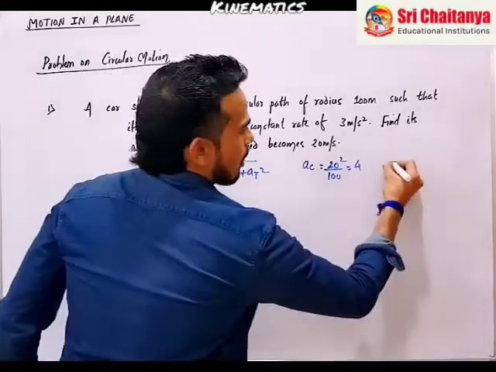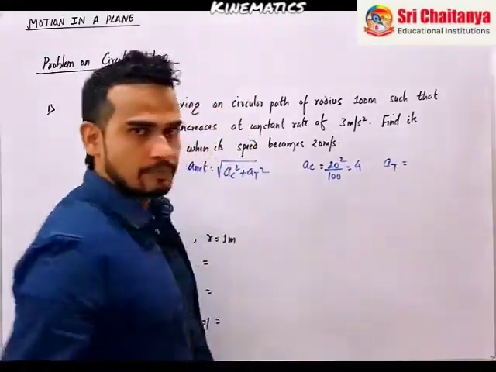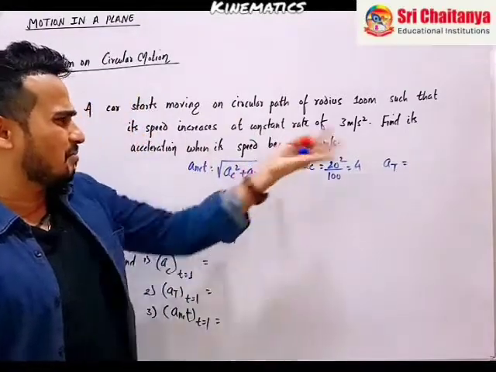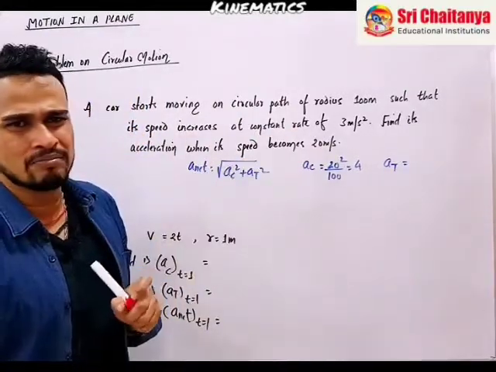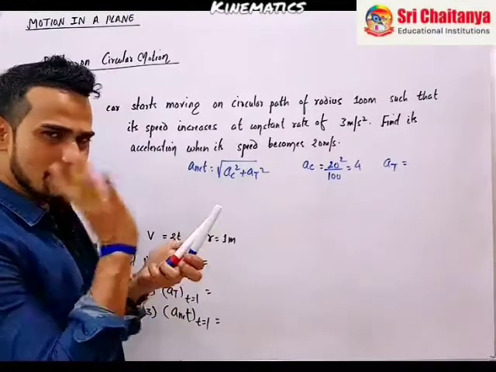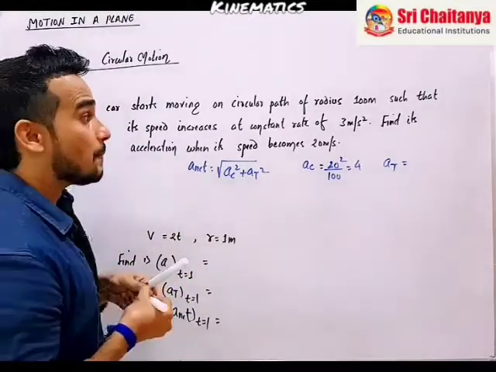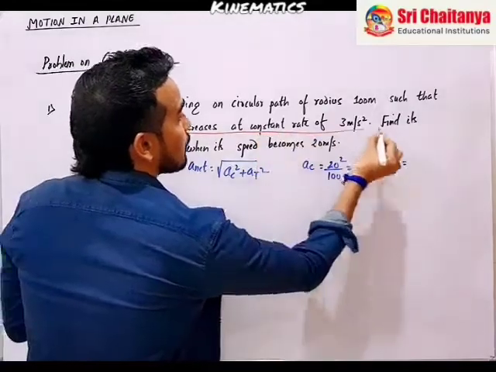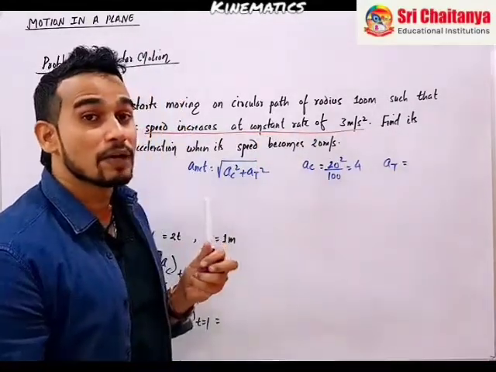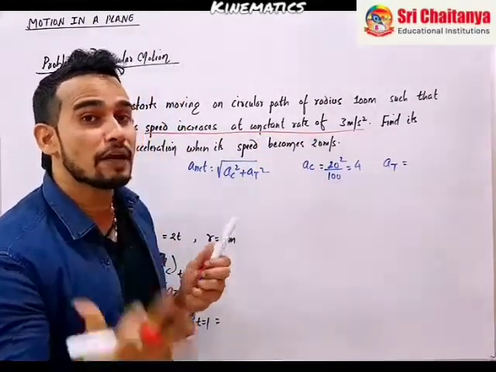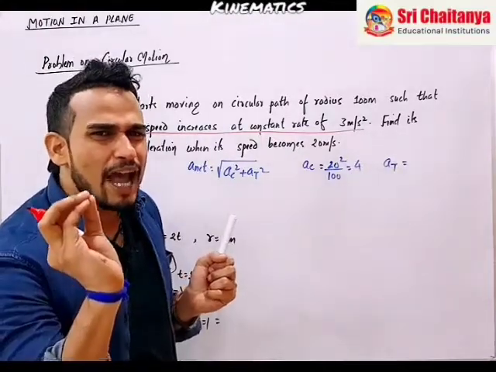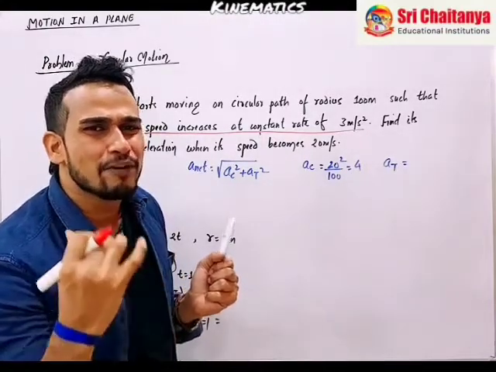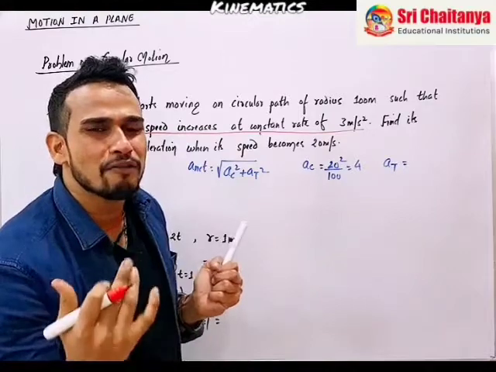Can you tell me how to get AT? Anywhere have they said tangential acceleration? No. But if you see carefully, this is what you have to observe. They have said that speed increases at a constant rate of 3 meter per second square. What is AT? What did I tell you for AT? It is the rate at which speed changes, rate of change of magnitude.